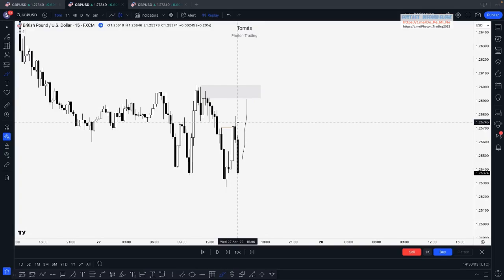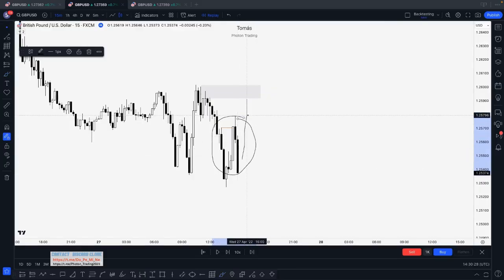Essentially, the LC models can happen everywhere, but they are only trigger points once the medium time frame POI is mitigated. If the LC model happens before the medium time frame POI is mitigated, with the liquidation candle and everything correct, you would get triggered, but before medium time frame POI mitigation, it means the pattern is already completed.